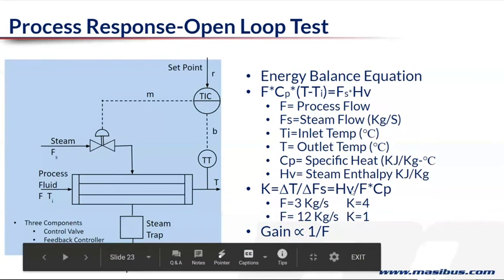Now, if I put the flow as 3 kg per second, then my gain K, which is delta T by delta Fs, will work out to 4. But if I put the value 12 to the flow, then my K will be reduced to 1. So the gain of my process at a flow rate of 3 kg per second is 4, and at 12 kg per second it is equal to 1, and that is because of this equation.